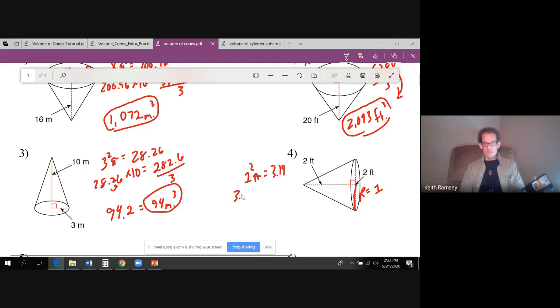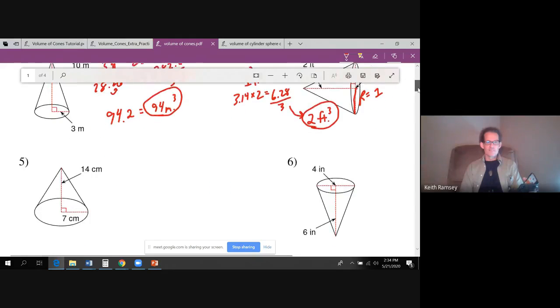Step 2 is 3.14 times the height, 2, which is 6.28. And then the last step is to divide that by 3, which is 2.09. Let's just round that to 2. Let's say 2 cubic feet for number 4.